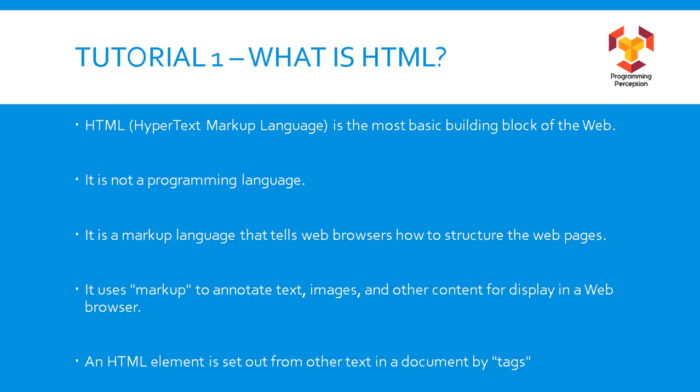Now an HTML element is set out from other text in a document by tags. If you see an HTML document, it will contain plenty of text, and these texts are distinguished from each other with the help of different tags.